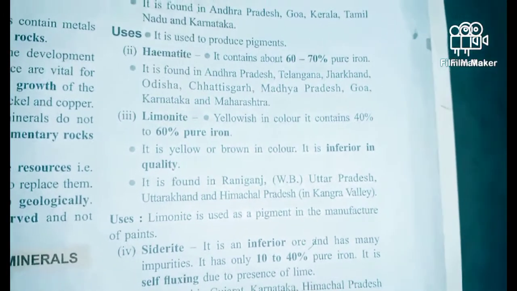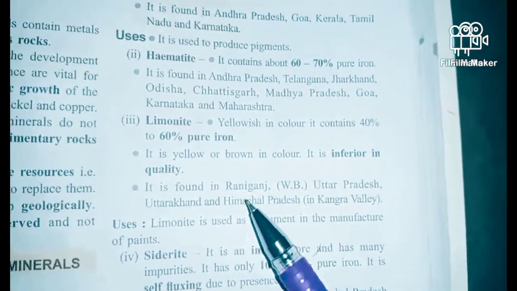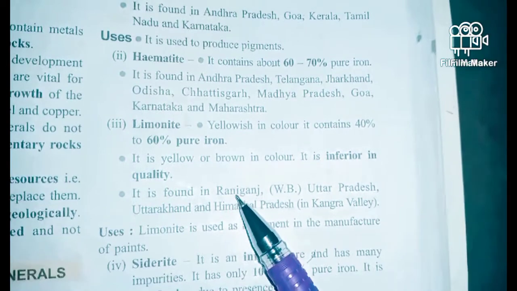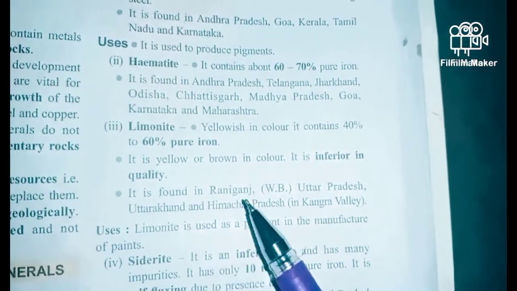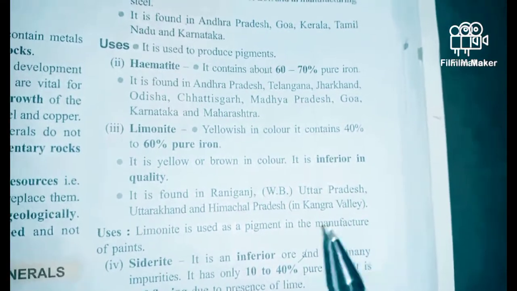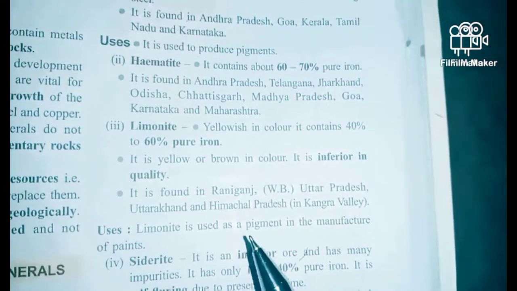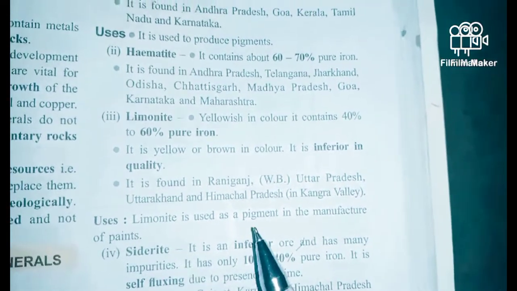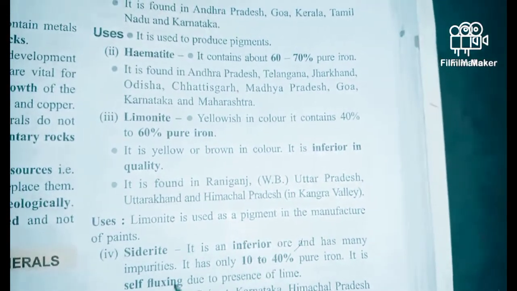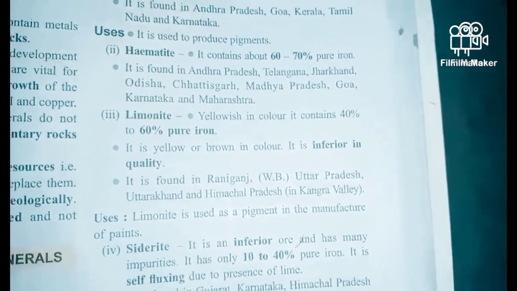And here are some of the states or places where we can find limonite: Raniganj in West Bengal, Uttar Pradesh, Uttarakhand, Himachal Pradesh, that is in Kangra Valley. The basic usage of limonite is as a pigment in the manufacturing of paints, as a color.